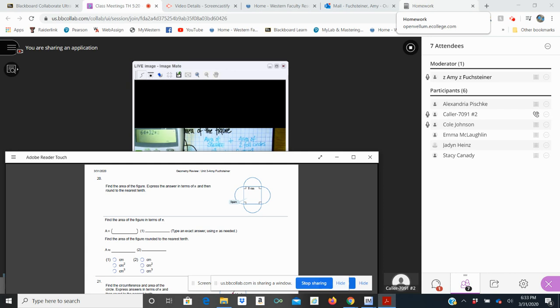You either want to use the pi button on your calculator, which on mine is right there, or you want to do 3.14159. Do not just use 3.14 if they tell you to use your pi button. This is 164.5 inches squared. Nope, don't use 3.14.